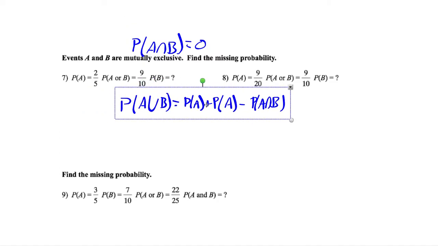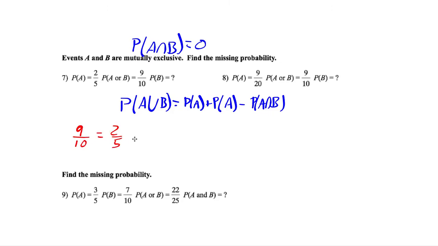So I can use this for both of these problems. And then this is 9/10 is equal to 2/5 plus probability of B. So using a common denominator, this is 4/10, so probability B is 9/10 minus 4/10, which is 5/10 or 1/2.